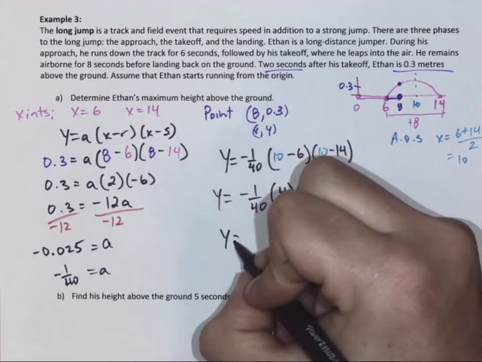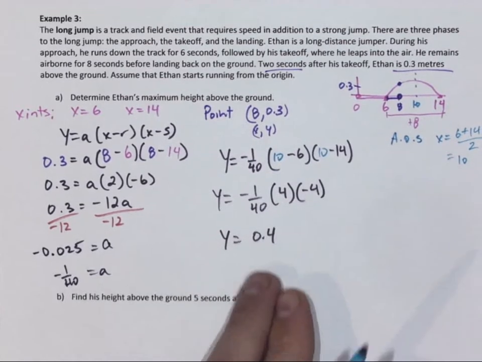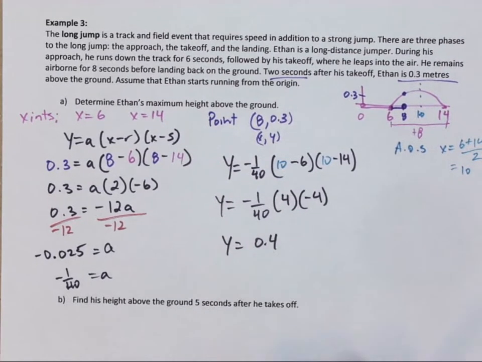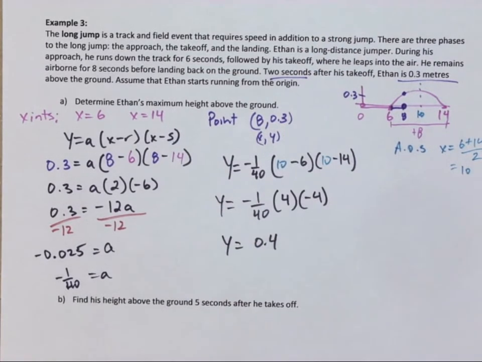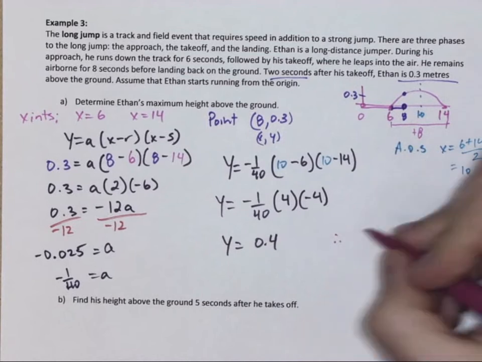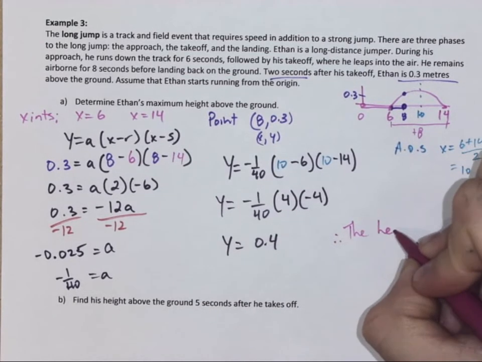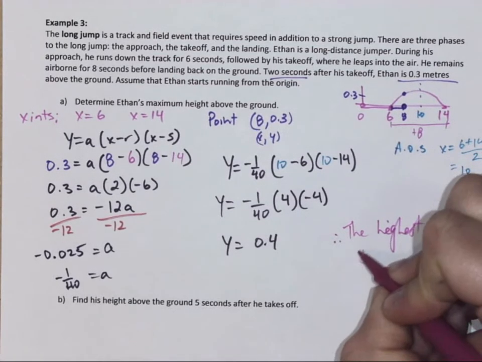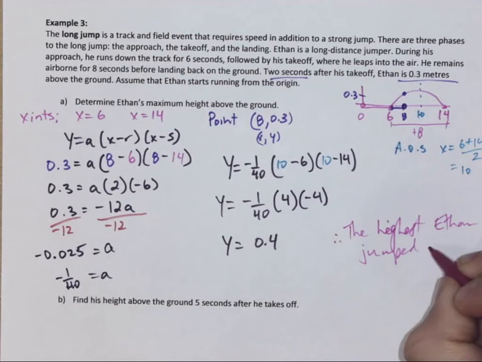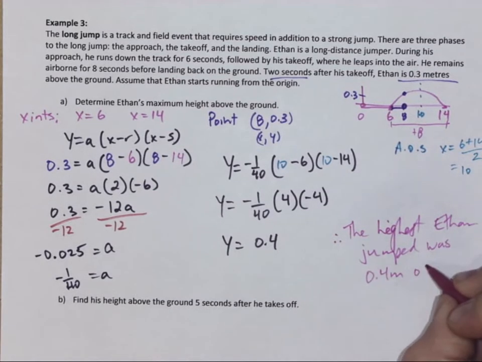We get... So, the highest that Ethan got was 0.4 meters off the ground. This is long jump, so we don't want to waste time going up. Realistically, that makes sense. Highest Ethan jumped was 0.4 meters off the ground.